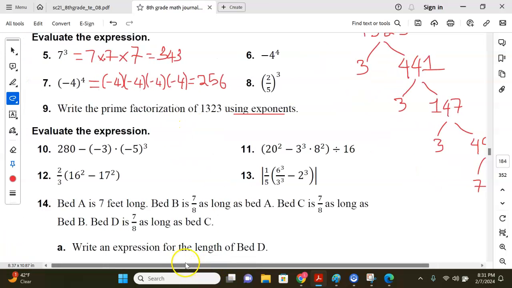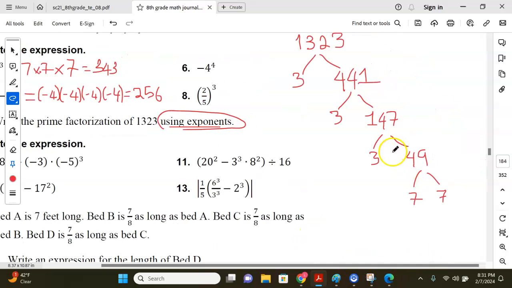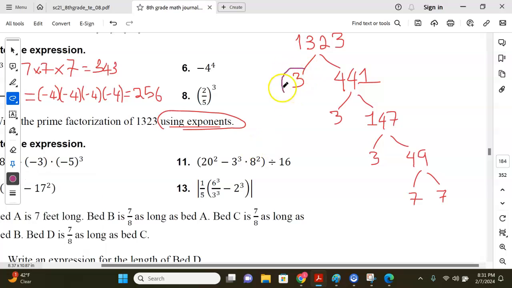They want you to write the prime factorization of 1323 using exponents. So you have to go back to your factor tree and write this in exponents. So I see 1, 3. Okay, let me circle that. 1, 2, 3.